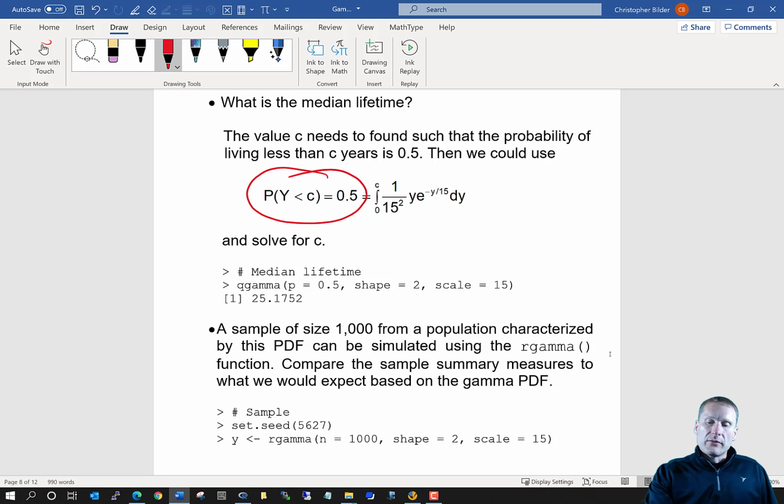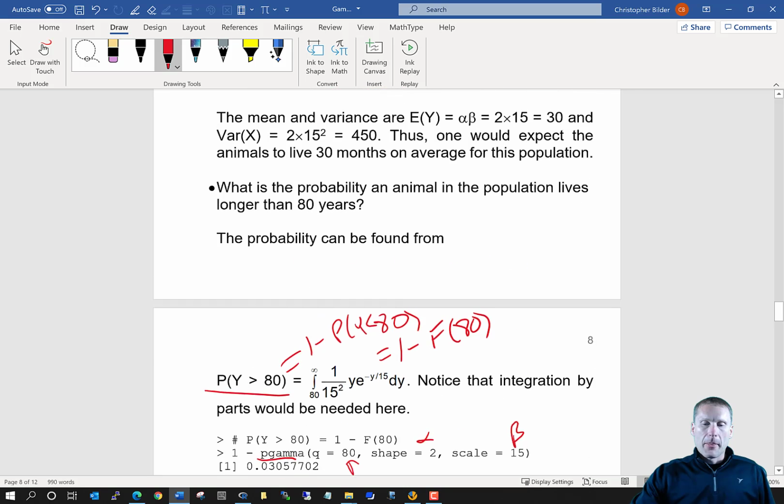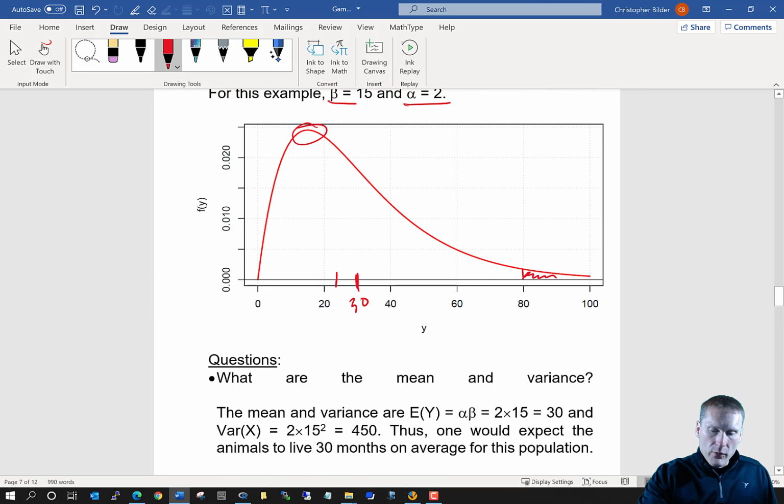If we did want to do it in terms of c, we would simply do the integration from 0 to c of f of y dy, then set it equal to 0.5, solve for c. Or simply go to the qgamma function, and what do we get out? 25.17. Let's go back to our plot. Here's where 25 is. Notice how that is to the left of the mean, and based upon what we learned earlier about means and medians, with a right skewed distribution like this, this is what we would expect.